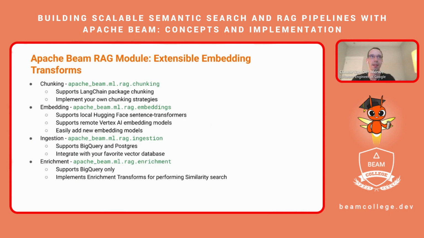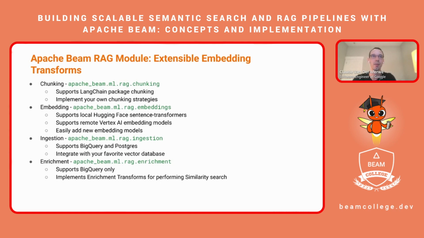The goal here is to make it as simple as possible to perform chunking, embedding, ingestion, and enrichment. Chunking currently supports the LangChain package. Embedding, we currently support local Hugging Face models and Vertex AI embedding models.